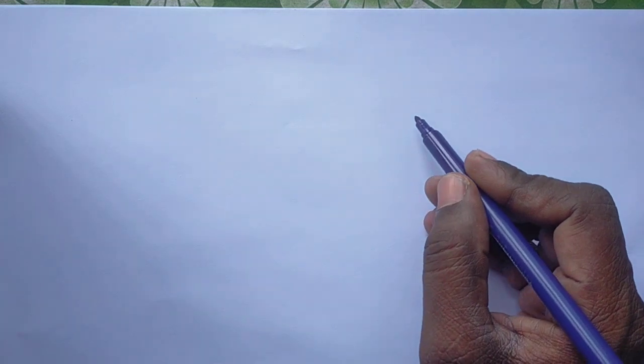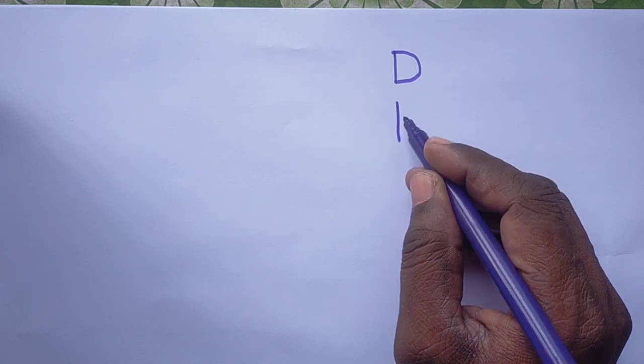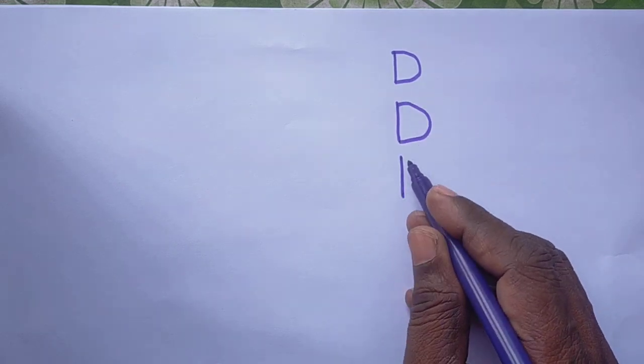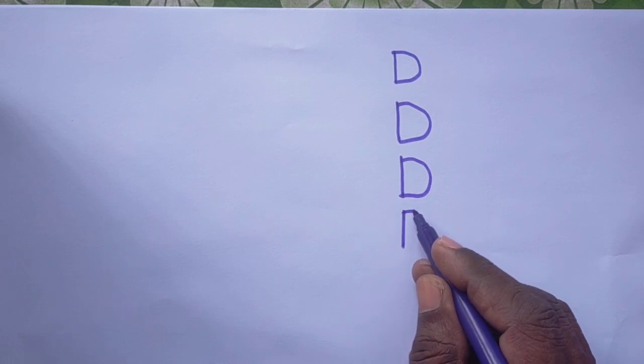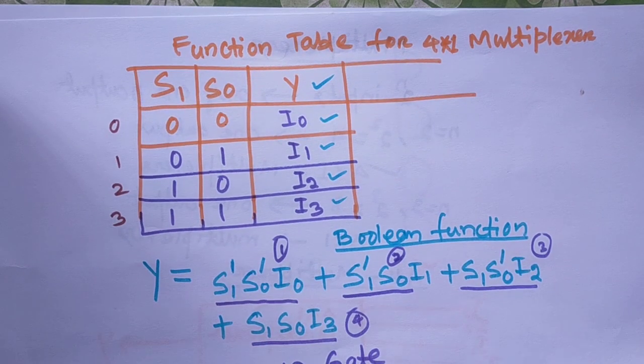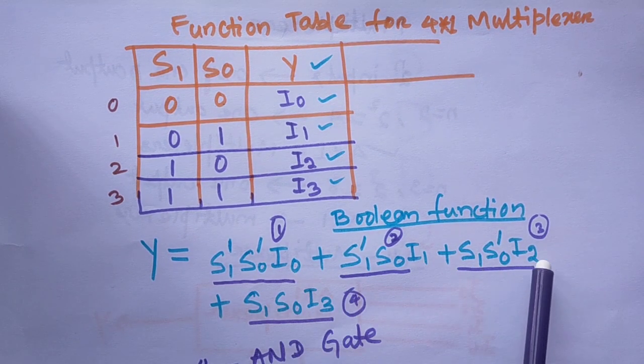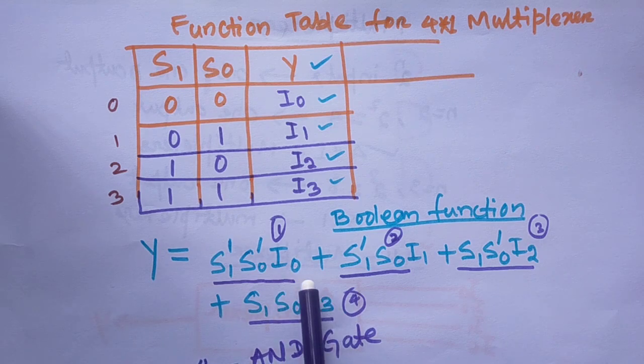Now see, here there are four AND gates. Each AND gate has the inputs I0, I1, I2, I3 as well.